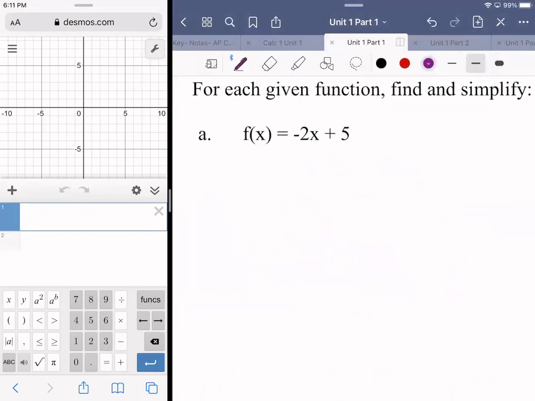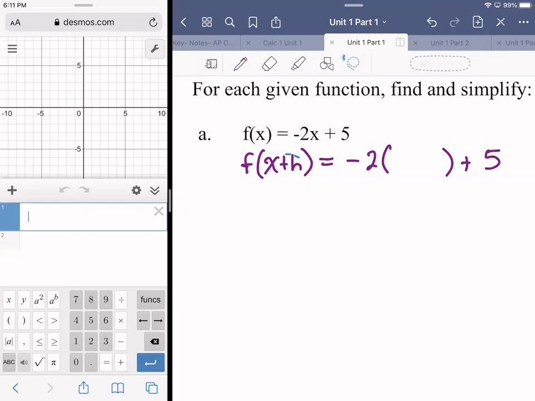So the first thing you would do is figure out what f of x plus h is. Because even though the question didn't explicitly say figure that part out, it's in our best interest to do so. So I'm going to take my original function and replace every x with an x plus h.